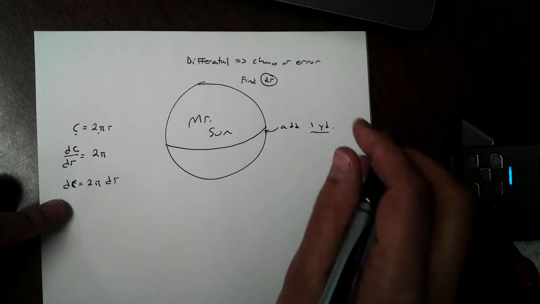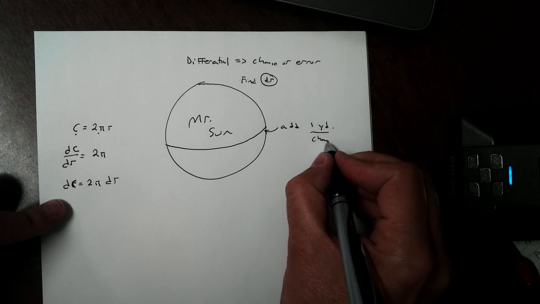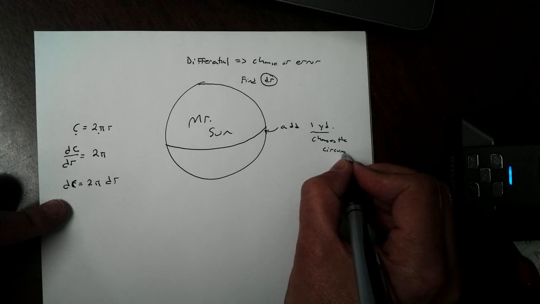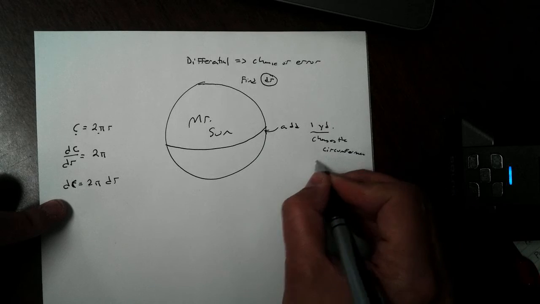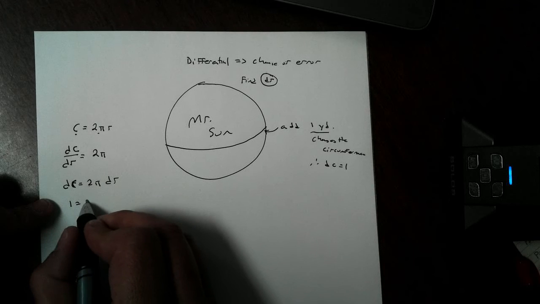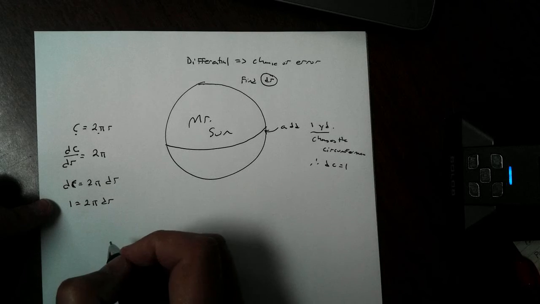This changes the circumference, so we know the change in circumference is 1. I can put that 1 right over here, and I get 1 equals 2 pi dr.